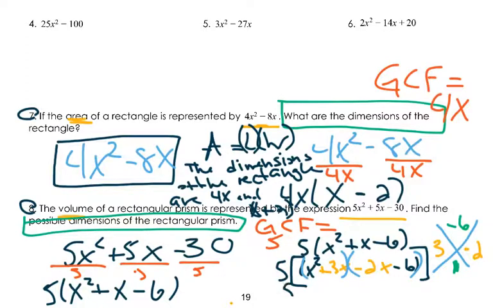And then I would have 5. The greatest common factor of x squared and 3x would be x, so I'm going to pull that out, and I'm left with x plus 3. And the greatest common factor of negative 2x minus 6 would be negative 2, and I'm left with x plus 3.